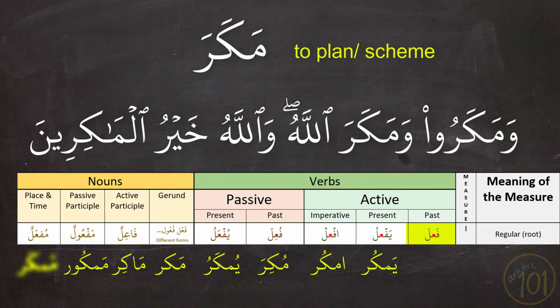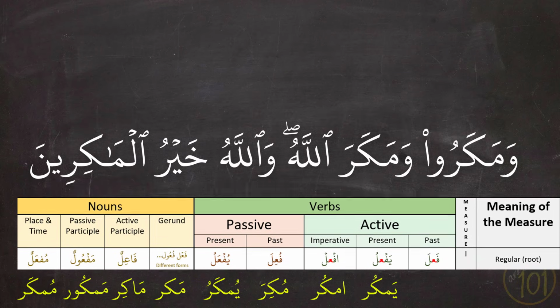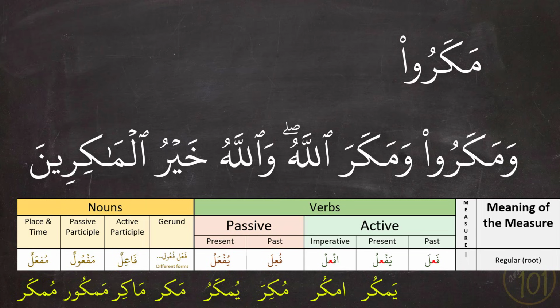Now let's find out if this information was of any use to us when we want to analyze an ayah in the Quran. Now here we see the first word, which is makaru. It is a verb that has a suffix at the end of it, which is waw and alif. And this is the suffix of the hidden plural pronoun they, which we learned in lesson number 8.